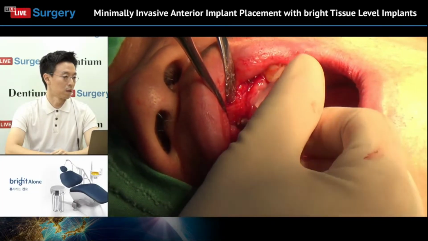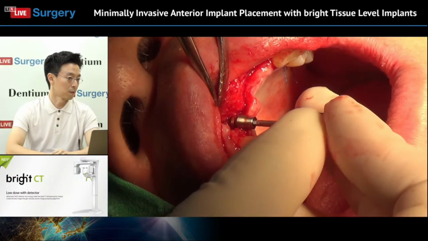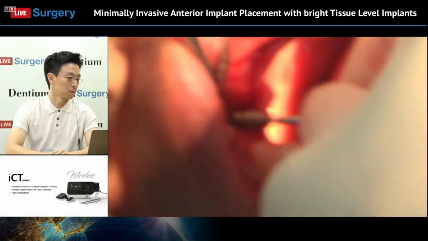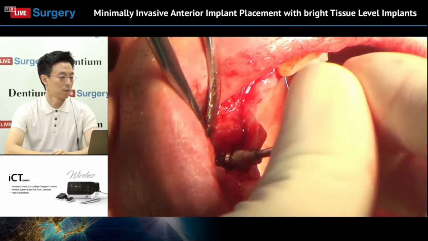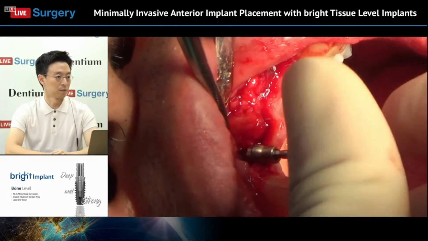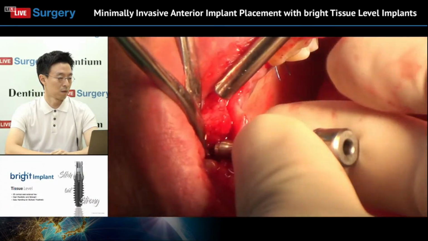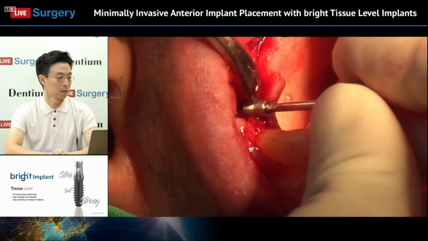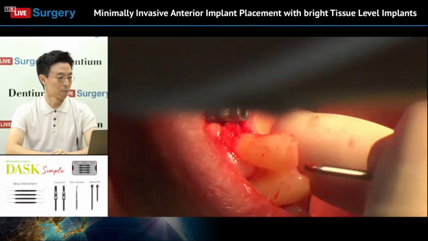I'm connecting the comfort cap. Due to the thick gingiva, it was a little bit difficult to connect the comfort cap into the fixture.